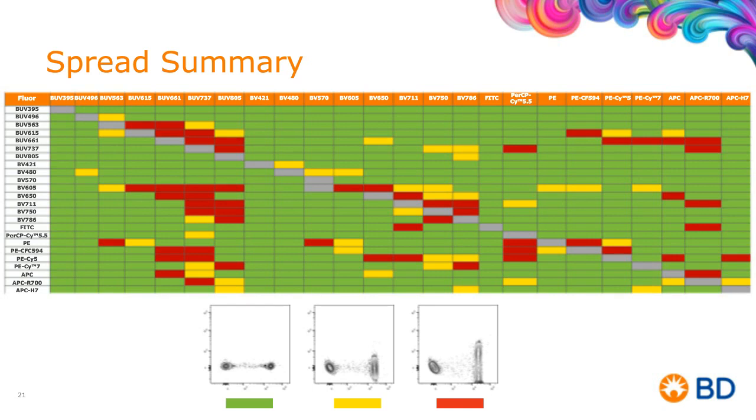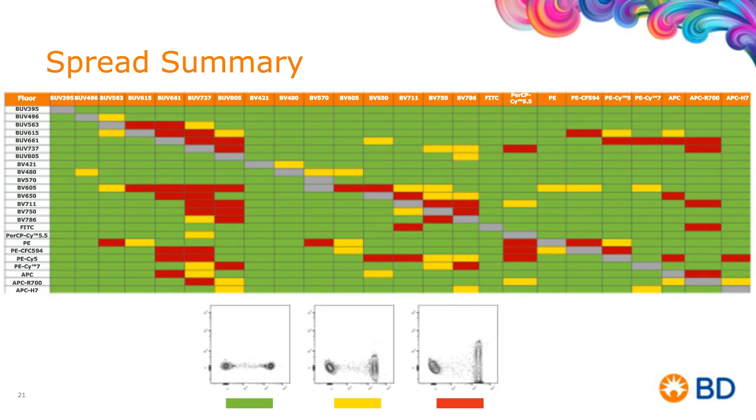But when we build a spread matrix like this, and let's say it's all built on CD4, well, guess what? That's not what our panel is going to do, because not every specificity has 40,000 plus receptors. But what we can see by the color coding is that when it's red, there's a lot of spread, and when it's green, it looks really good.